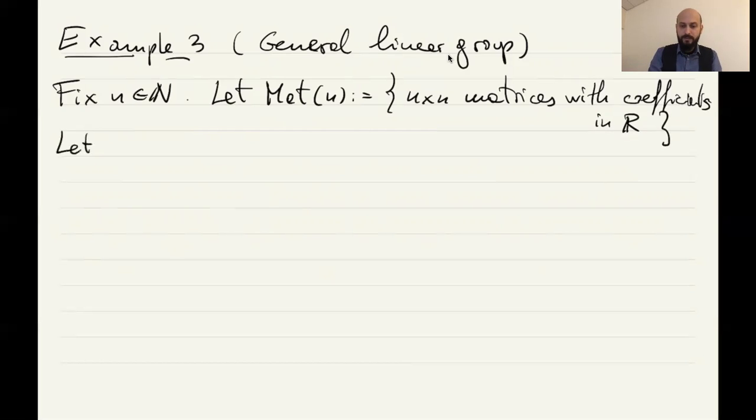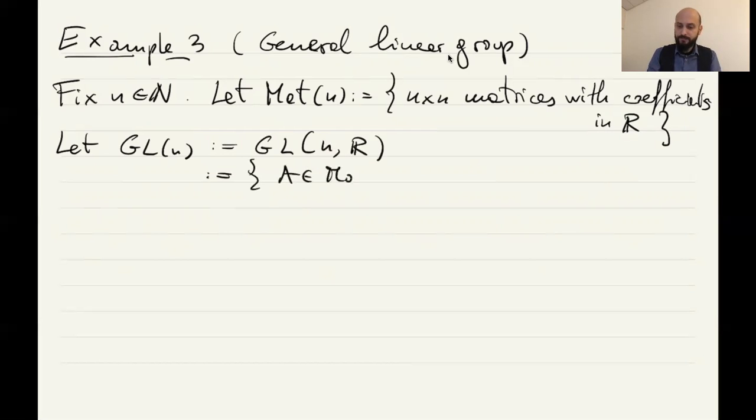And then we let GLn, also written as GLn(R), to emphasize that we're taking real coefficients, be all those matrices for which the determinant is different from 0.